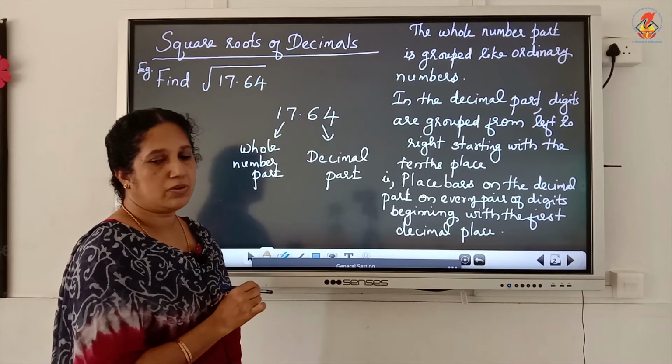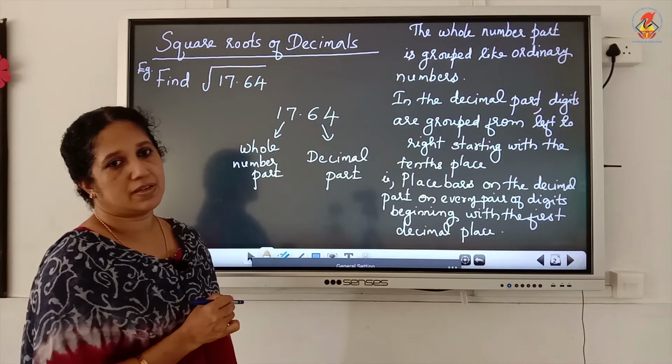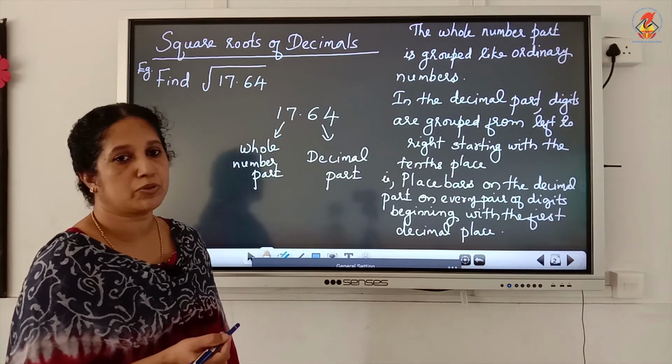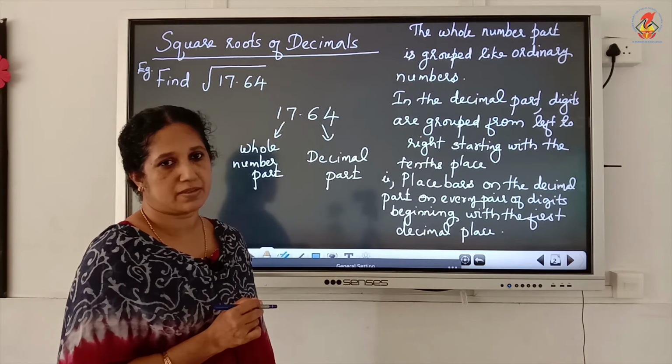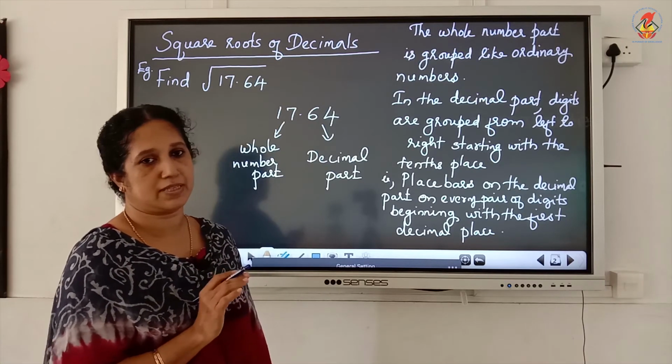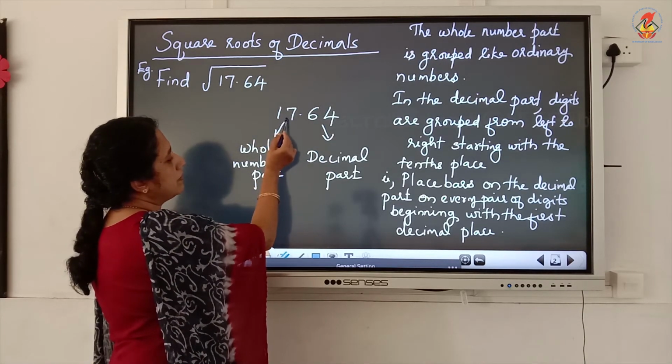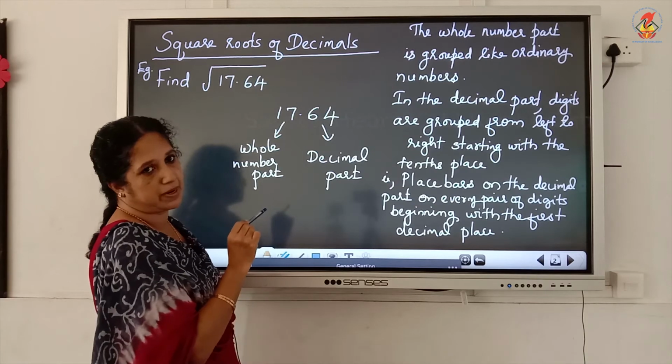And here also we have to use the same procedure which we used to find the square root of perfect square numbers. We have to put bars over the whole number part and the decimal part.